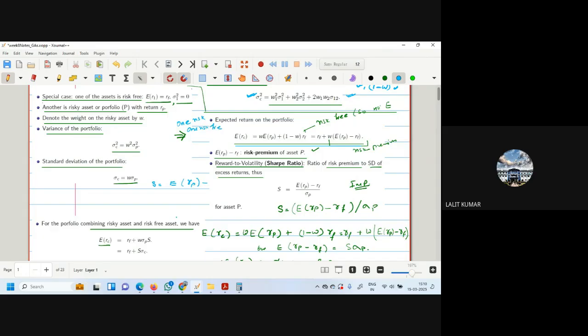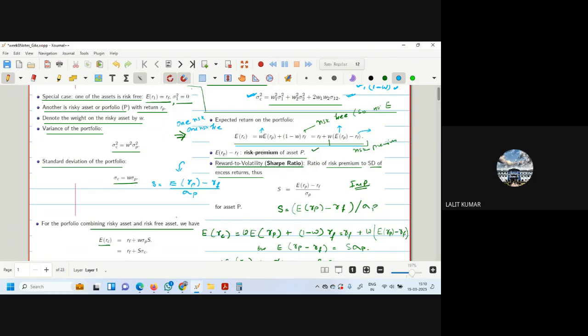RF is the risk-free element, RP is the risky asset, W is the risky weightage, and 1 minus W is the risk-free weightage. So when you do this, you get a linear equation. The Sharpe ratio is the expected return from the risky asset minus the risk-free rate, divided by the standard deviation of the portfolio.